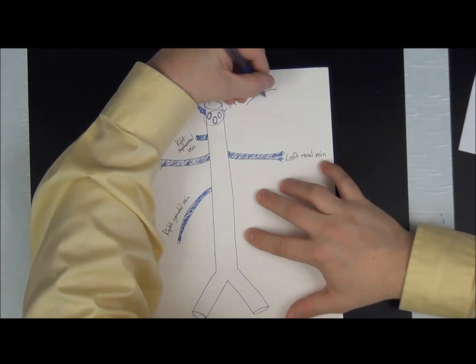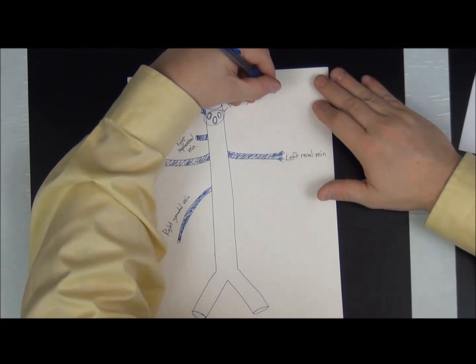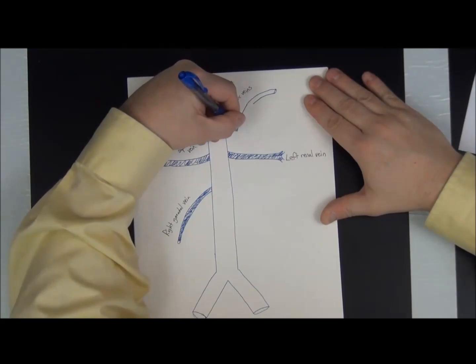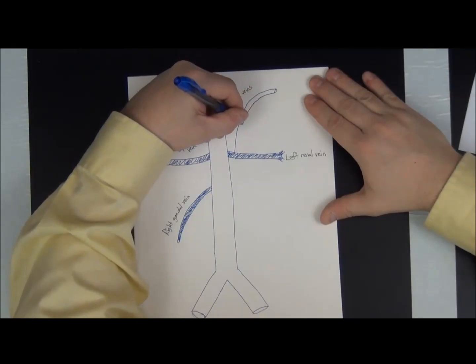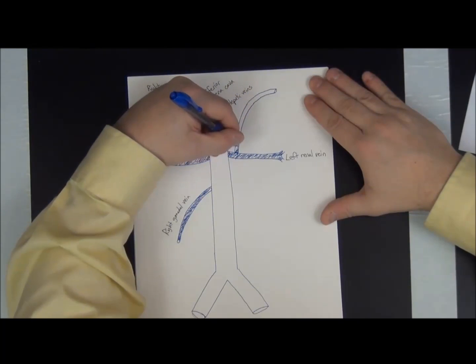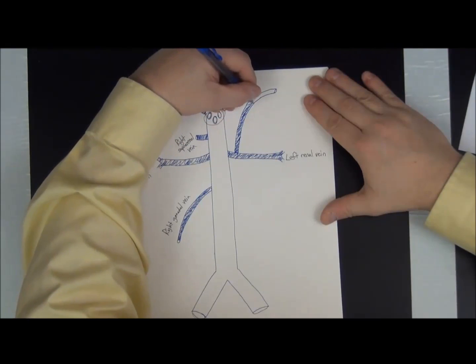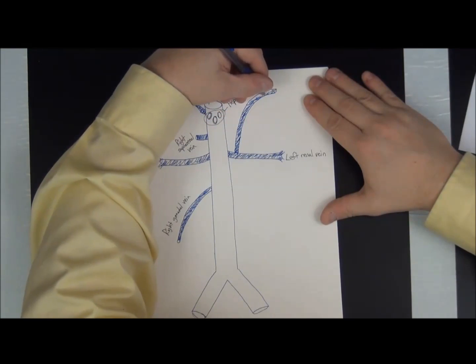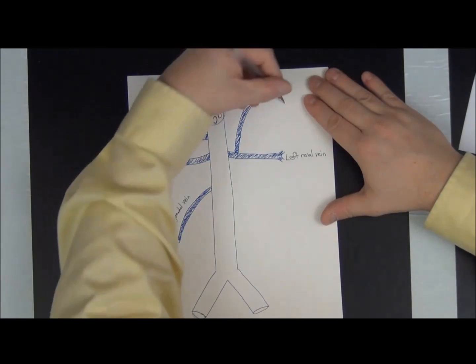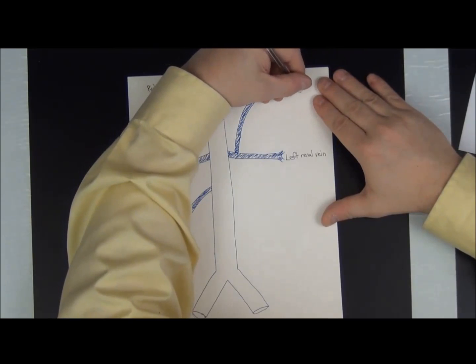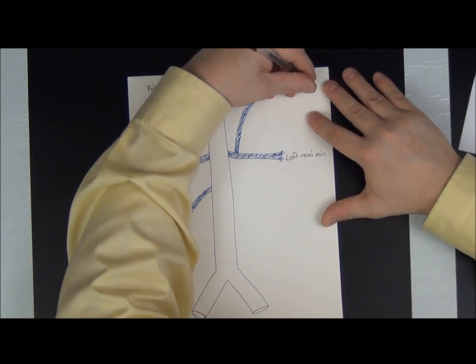Your inferior phrenic vein on the left has to go across the aorta, and instead of doing that, it takes an easier path, and it dumps into the left renal vein. So right here, left inferior phrenic does not go to the vena cava directly.